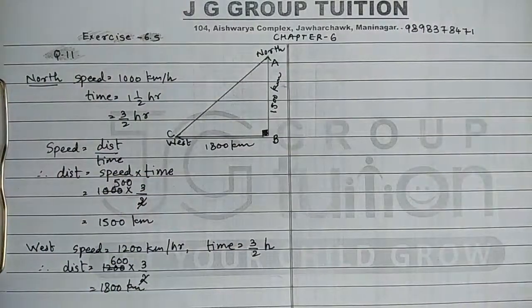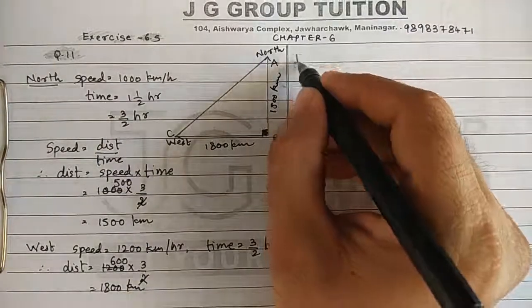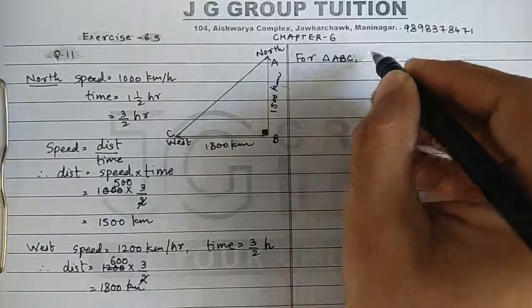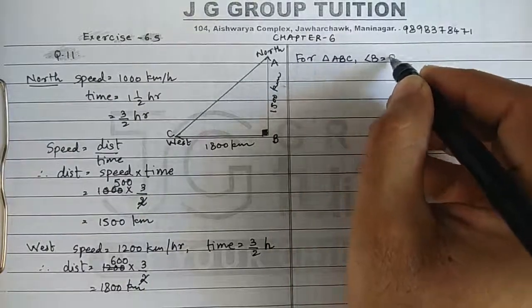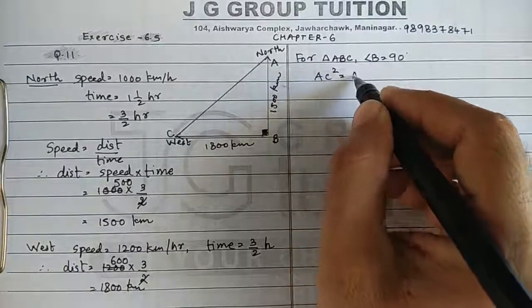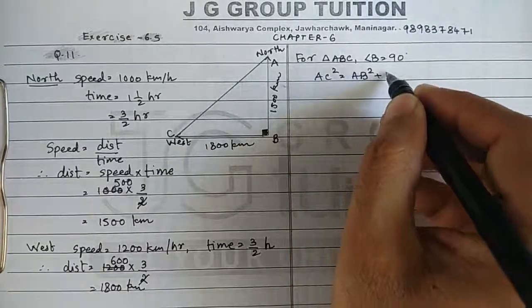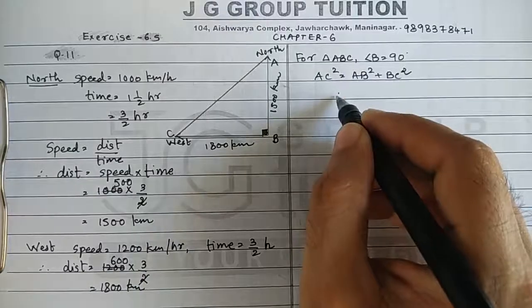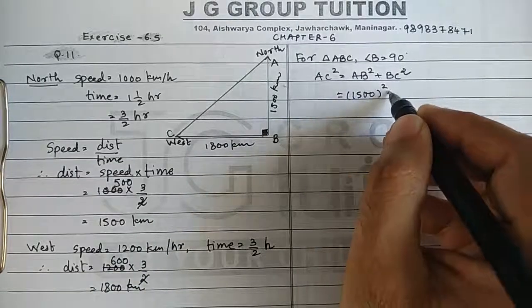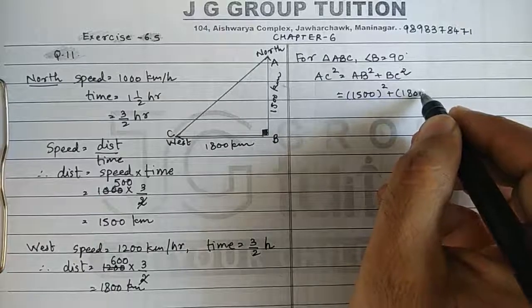Let us use Pythagoras for this triangle to obtain the distance AC. For triangle ABC, we can see that angle B is a right angle, so AC is the hypotenuse, and AC square is the sum of the squares of the other two sides. AB we have, that is 1500, and BC is 1800.